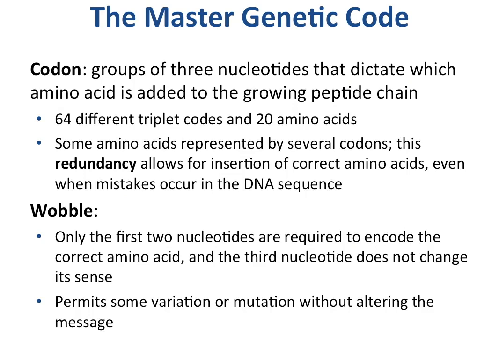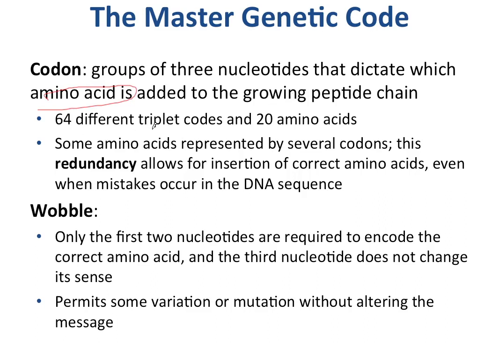Now the codon. The genetic information on the messenger RNA uses 3 nucleotides to dictate one amino acid. So 3 nucleotides stand for one amino acid.